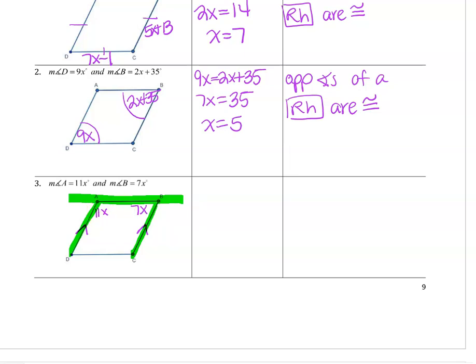Now we call those consecutive angles because they're next to each other in our rhombus. So to solve this, I would say 11x plus 7x equals 180, or 18x equals 180. So x would be 10, and my justification is consecutive angles of a rhombus are supplementary.